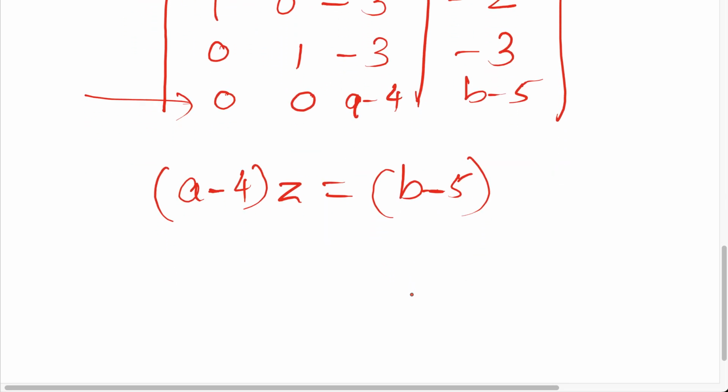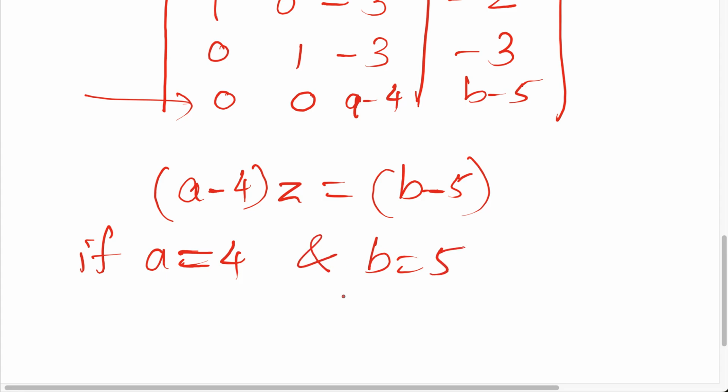Now let's look at the condition. If a is 4, then I am having 0 times z. Then if b is 5 also, so a is 4 and b is 5, then 0 times z is equal to 0. Then z can take any value.